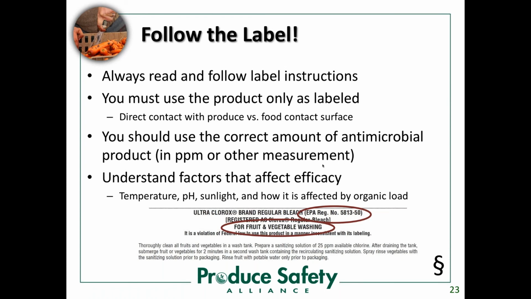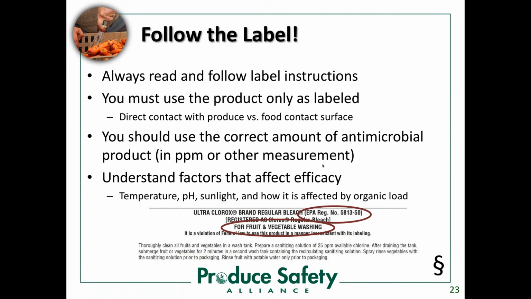So use it only as it's labeled for, use the correct amounts, however it's prescribed there in parts per million or pints per gallon, whatever the instructions are, and understand that temperature, pH, sunlight, and organic load all determine the efficacy of your product, and they need to be taken into consideration.